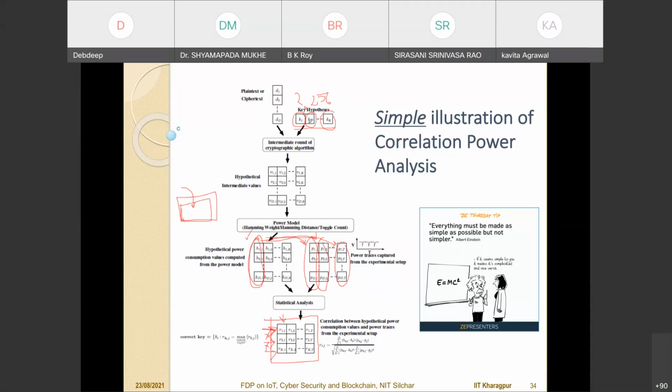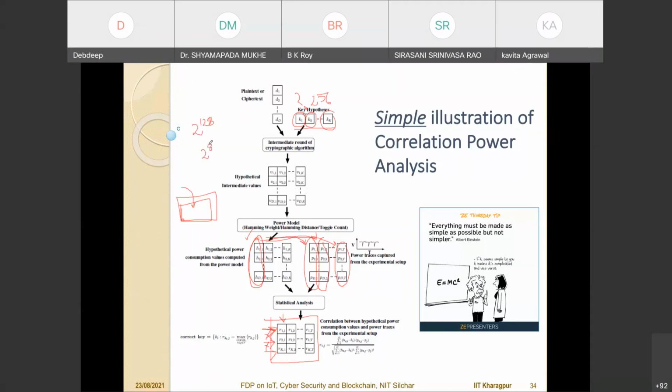Okay, so I believe that you get the idea that CPA is a divide and conquer attack, which means that although the key complexity of an AES kind of algorithm was 2 to the power of 128, now I have reduced my effort to obtain 1 byte of the key to only 2 to the power of 8 values.